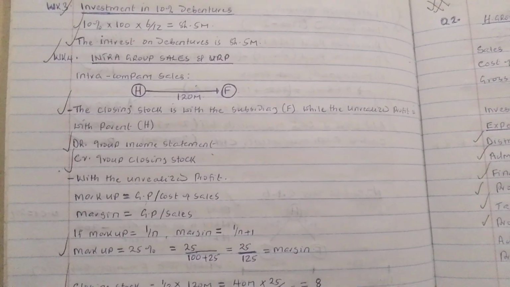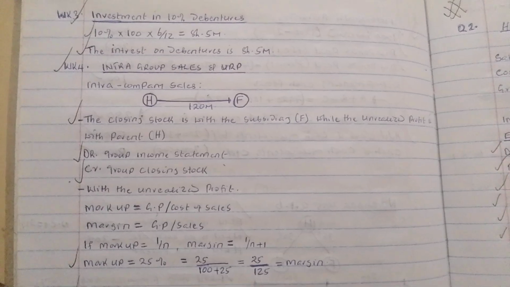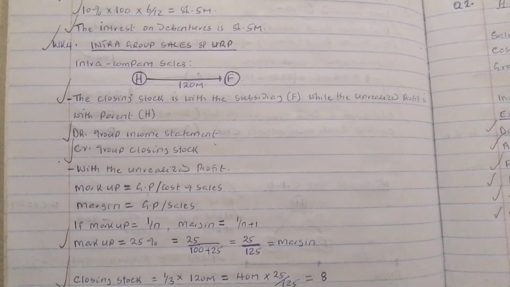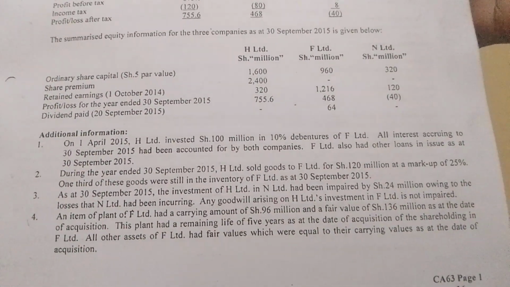So the interest on debentures is 5 million, which you'll be considering when consolidating our income statement. So basically, additional information number one, you will be eliminating that interest income as well as eliminating the same figure as interest expense.